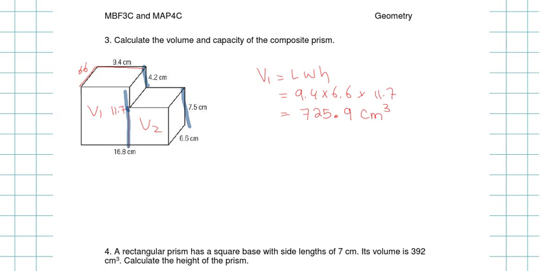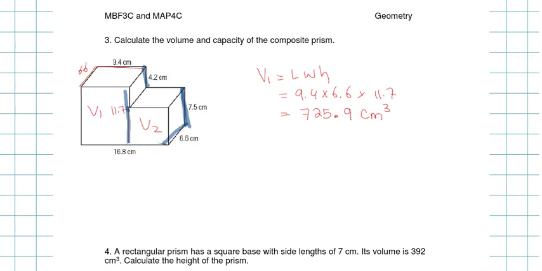I'm looking at my second volume. So for my second volume, I have the length, the width, the height, which is 7.5, the width, which is 6.6, and I still need to find this side. I don't know what that bottom side is. I have to look for that.